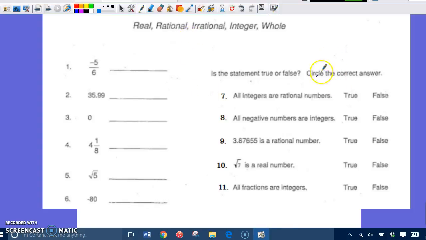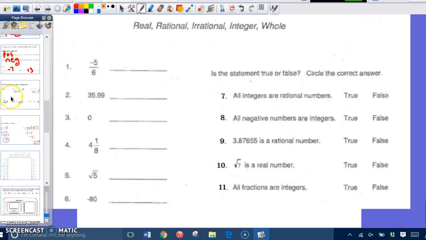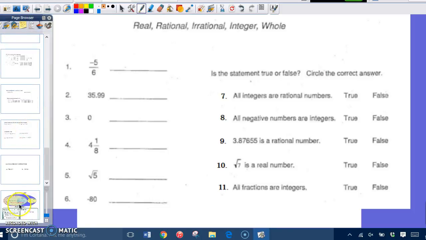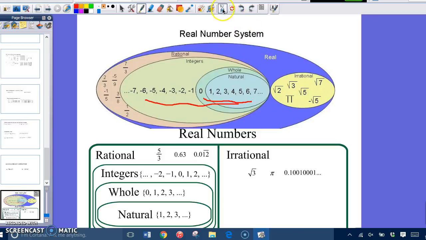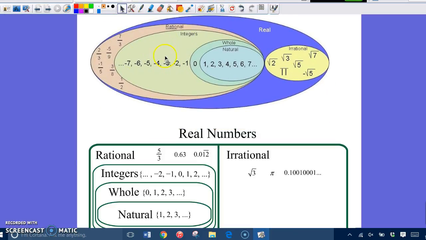Let's take a look at some true or false questions. All integers are rational numbers. Well, let's take a look at that one page that lays everything out for us very nicely. Look at this. Are these looking rational?